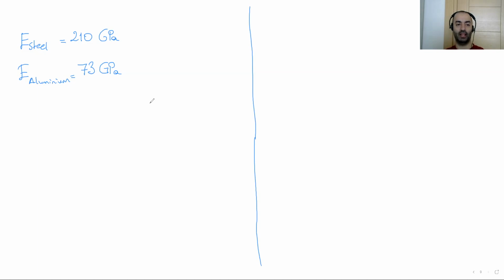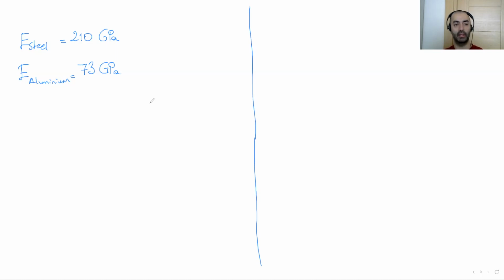So the same section under the same loading, an aluminum member makes 3 times more deformation than steel. Okay. As you can see, the proportion between these two numbers is almost 3, let's say 3.